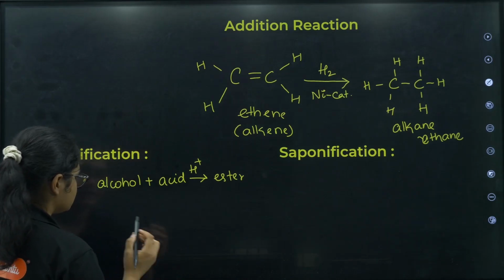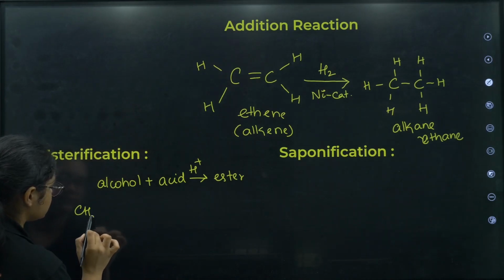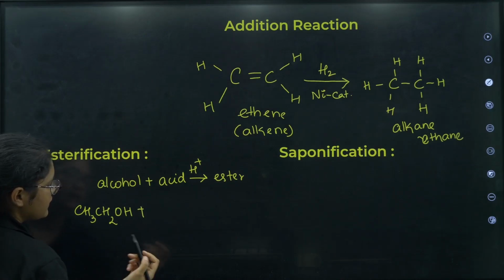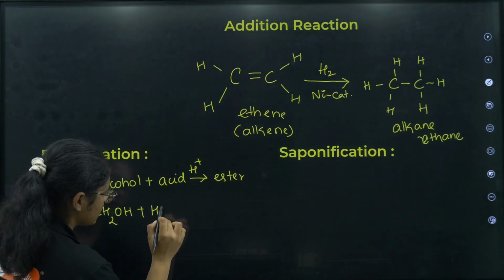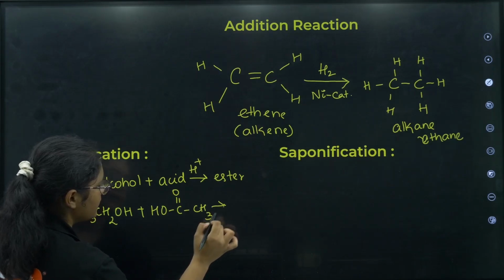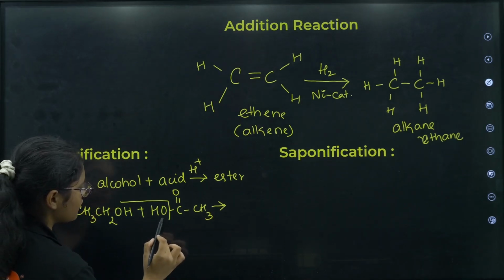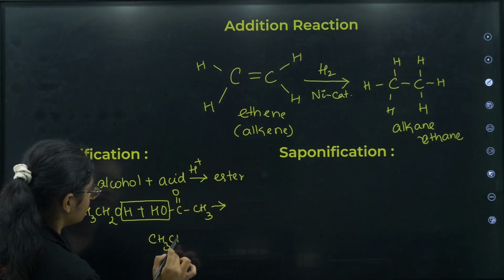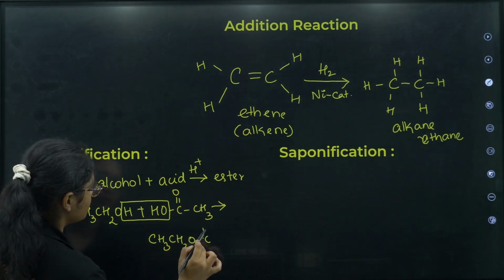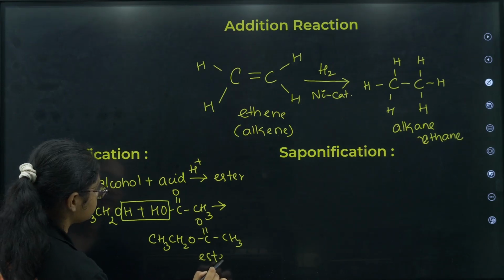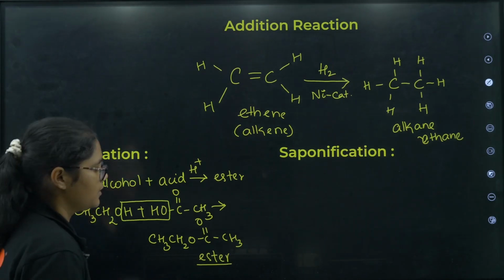For example, if I have CH3CH2OH plus a carboxylic acid, loss of a water molecule takes place, and we will get CH3CH2OCOCH3, which is an ester.